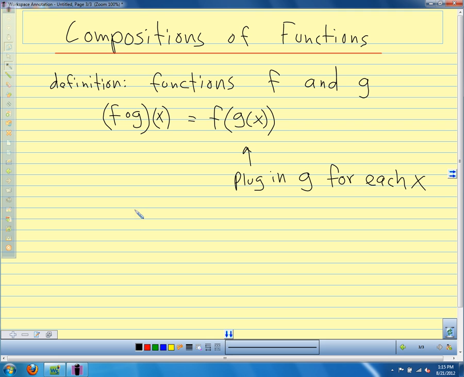And we have to be careful with the domain of a composition. So the domain of our composition is the domain of g that are also in the domain of f.